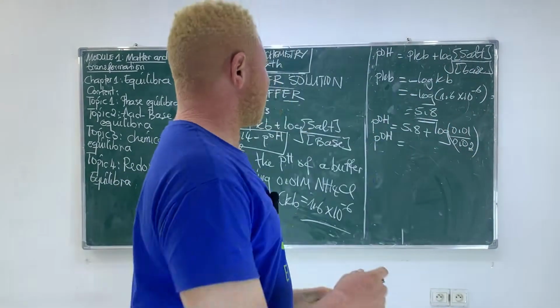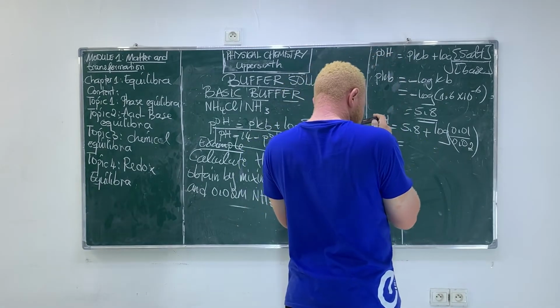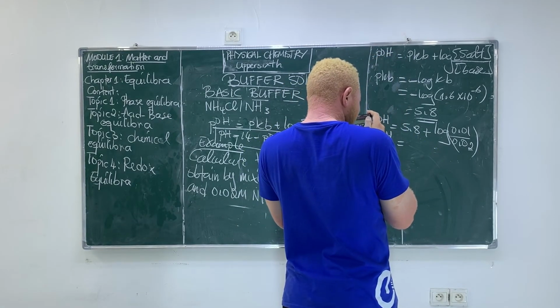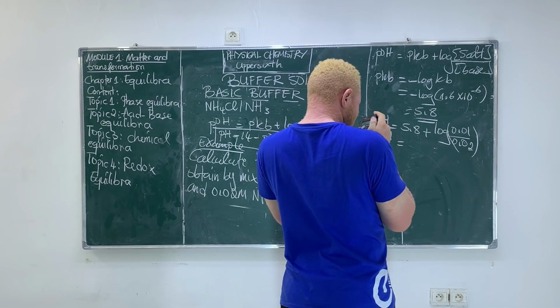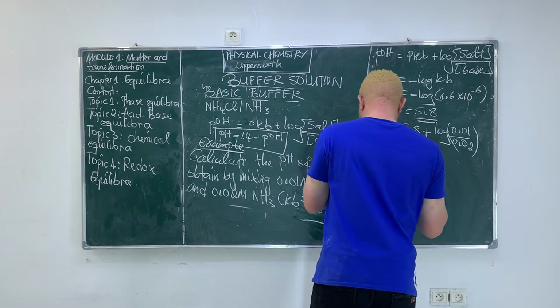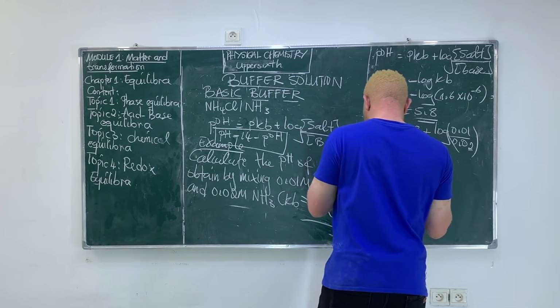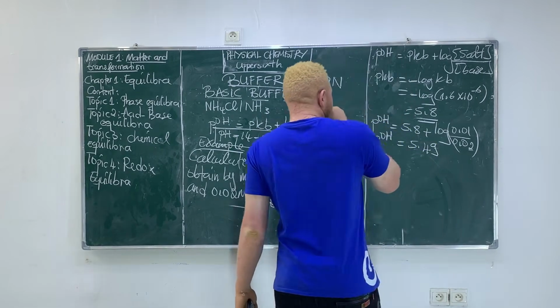Let's punch the pOH. 0.01 divided by 0.02 is equal to 0.5. Log of 0.5 added to 5.8 gives pOH of about 5.5.